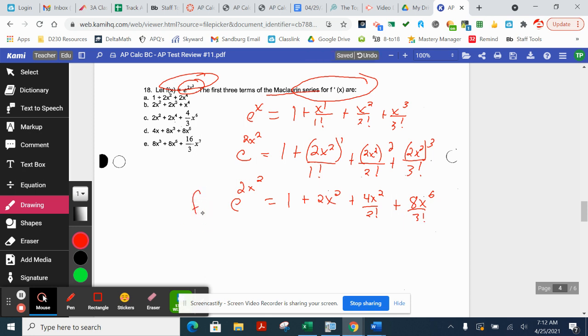So if this is our approximation for f, then the derivative of that, sorry about that, one would go away. I'm going to get a 4x right away. Probably tells us that our answer is D. It's the only one that starts with the 4x.